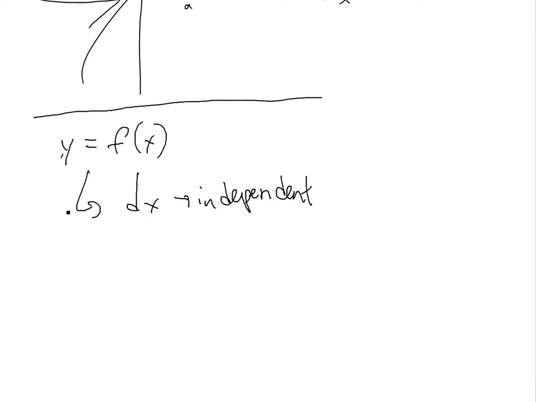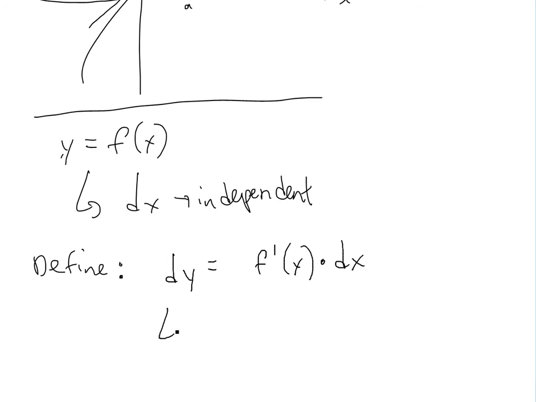By definition, we define dy: dy is equal to f prime of x times dx. So this is a dependent variable, dependent on dx and x in this case.